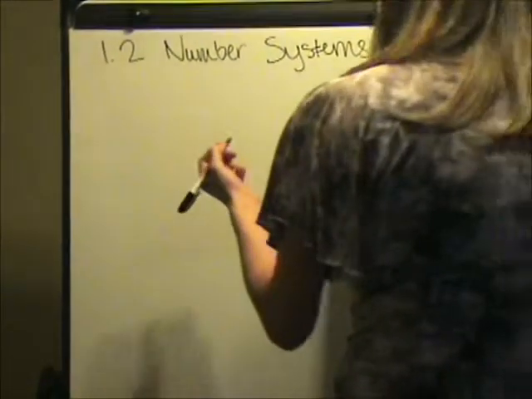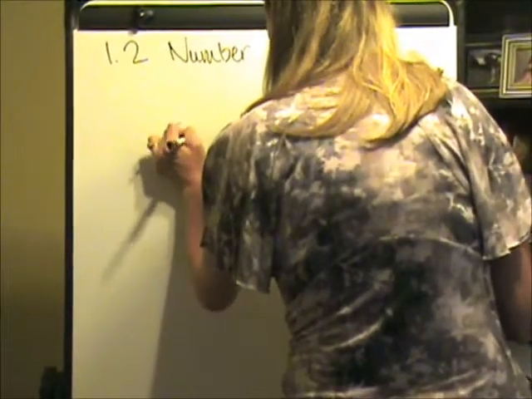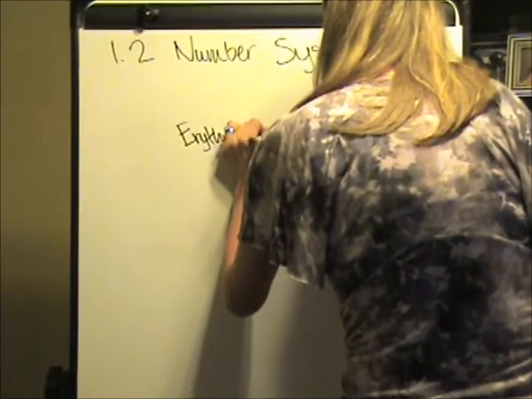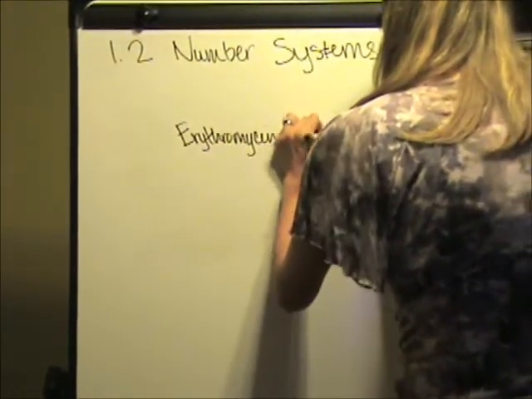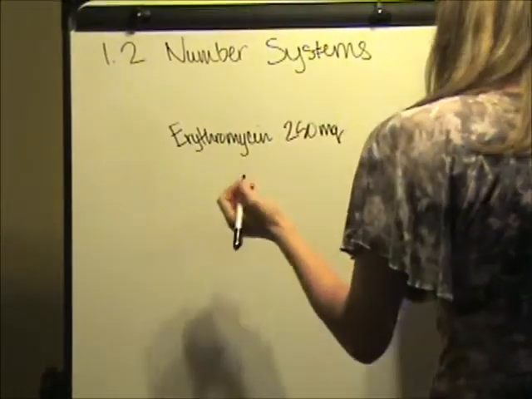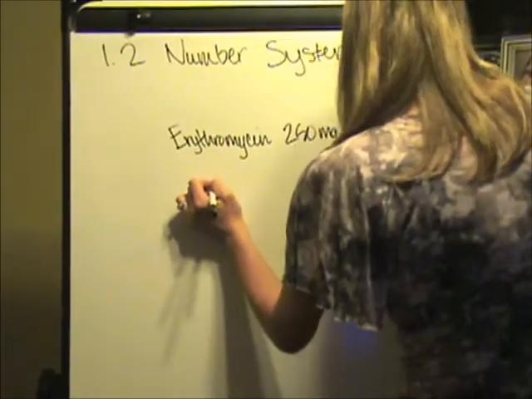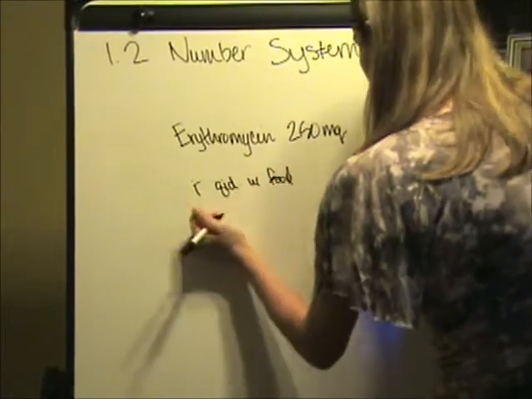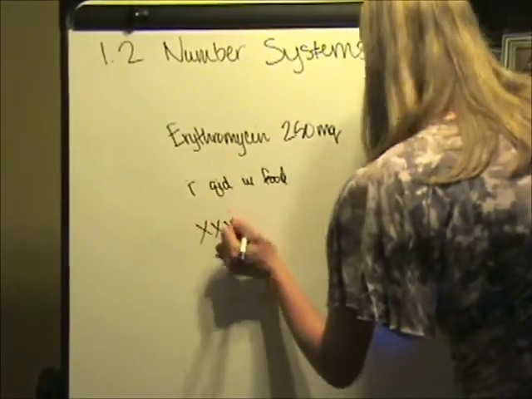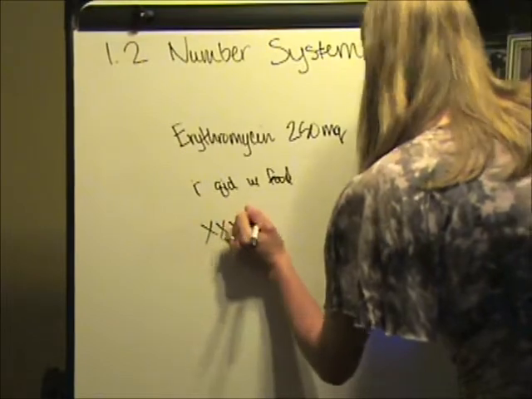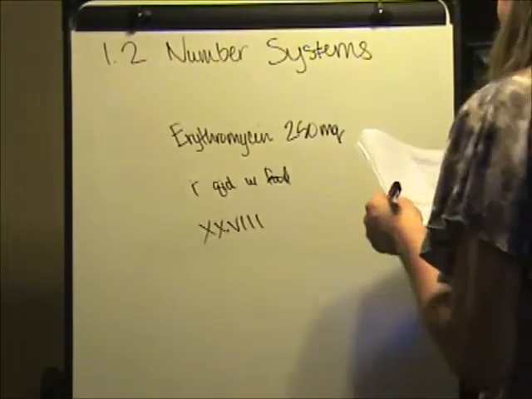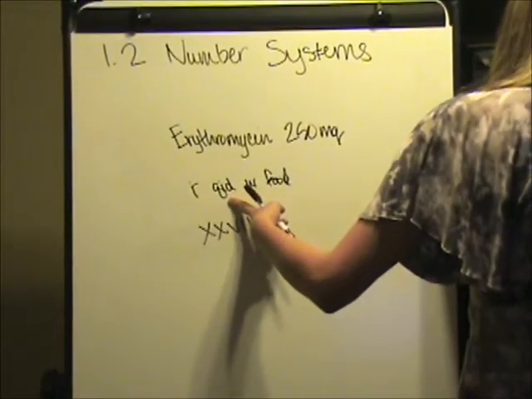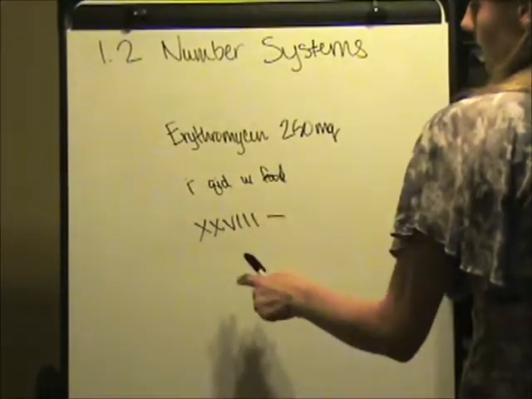Okay, let's look at number 36. Erythromycin, 250 milligrams, QID with food. And we are dispensing XXVIII. Okay, so the notation says that QID stands for 4 times a day. We're looking how many tablets are going to be dispensed.